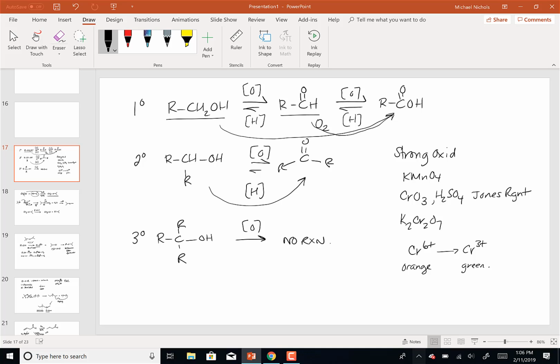You can buy chromium 3 at CVS and take it as a supplement. But if it's chromium 3, you could imagine maybe it goes back into the groundwater and somehow gets oxidized up to chromium 6. But they never showed the orange chromium 6. So that can be a test.